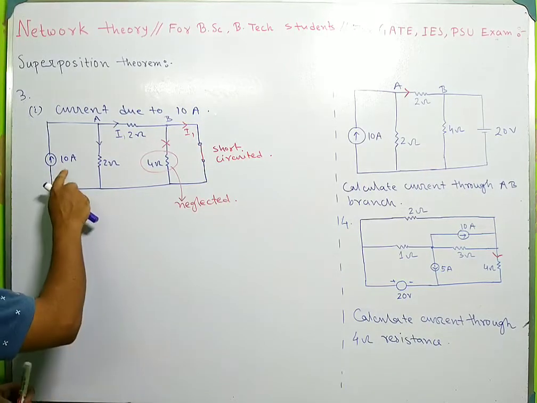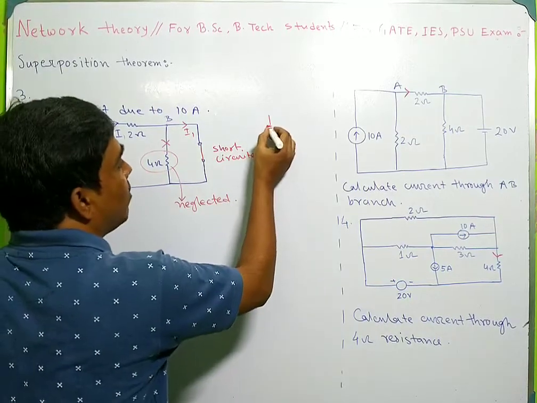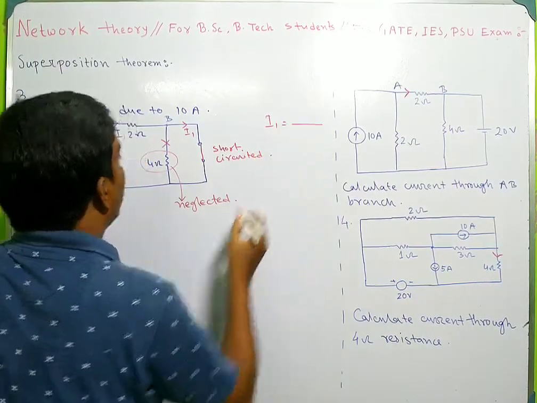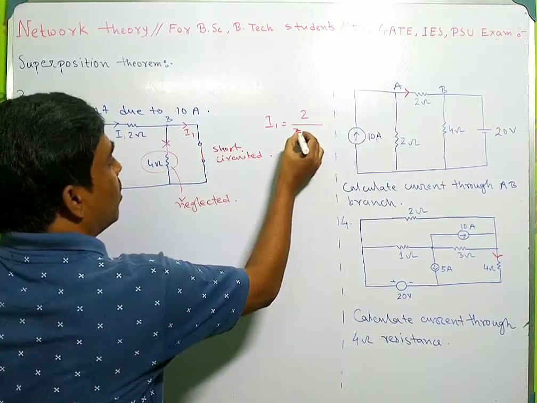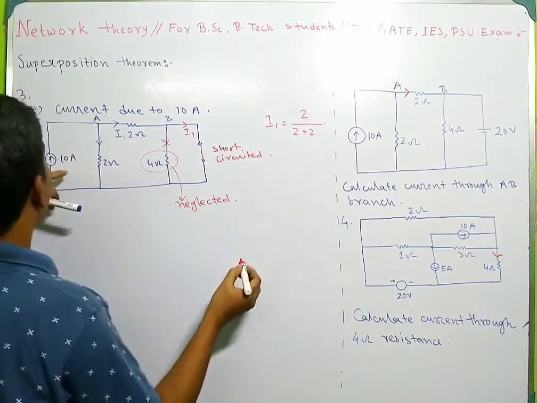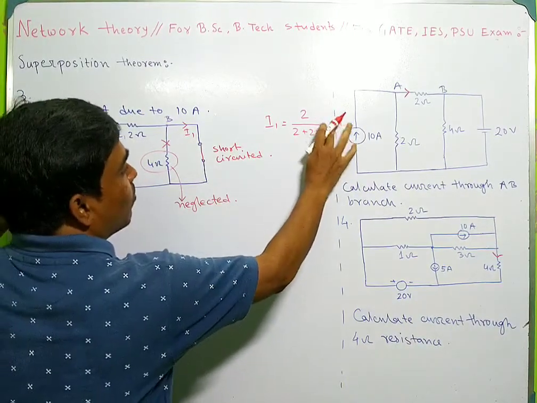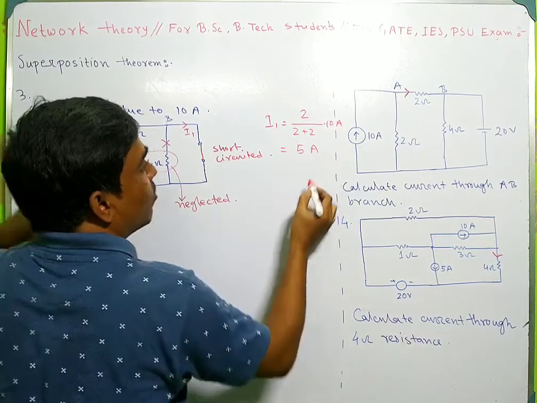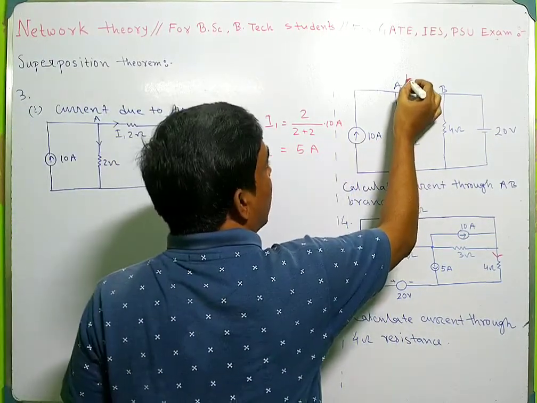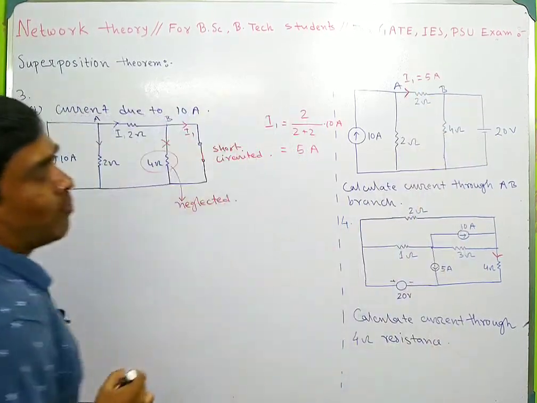So using the current division rule, you can calculate I1. What will be this I1? I1 will be 2 divided by 2 plus 2, into 10 ampere, so it will be 5 ampere. In this case, I1 is 5 ampere along this direction.